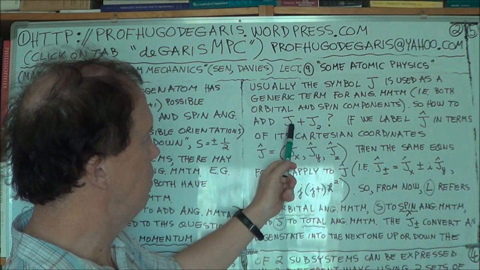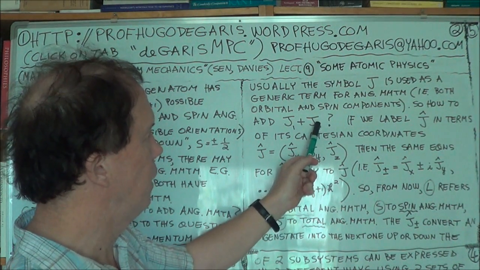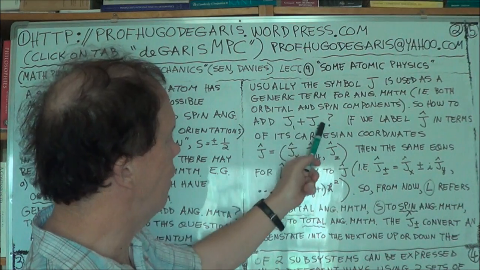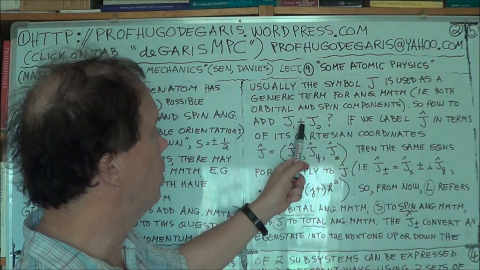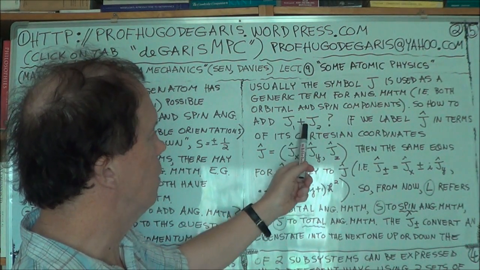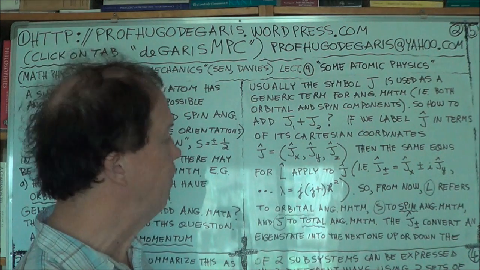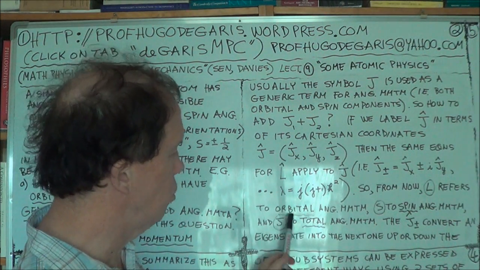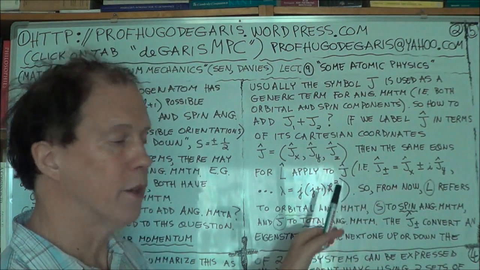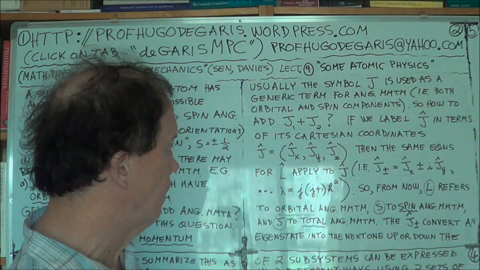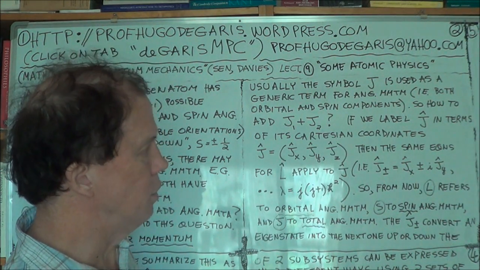And where J1 could be spin or orbital angular momentum, similar for J2. So the number of combinations you have here, well, there's three, right? You could have orbital-orbital, orbital-spin, or vice versa, the same thing, or spin-spin. So J is usually, in words, referred to as the total angular momentum. Okay, so that sets up the notation that we will use from now on.